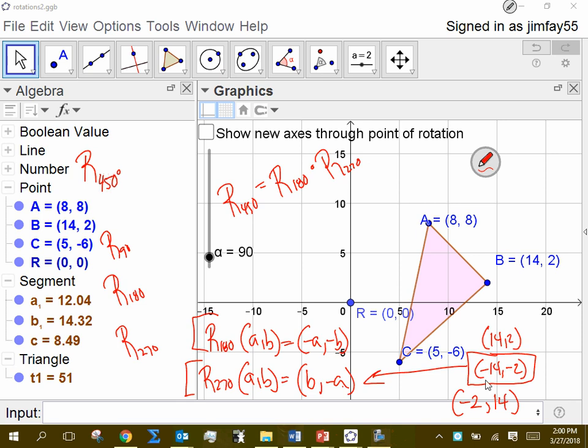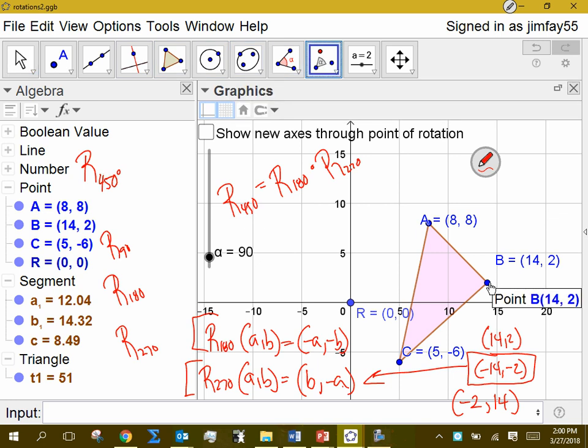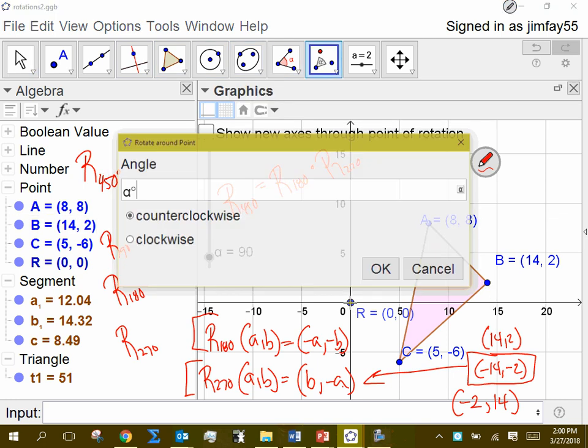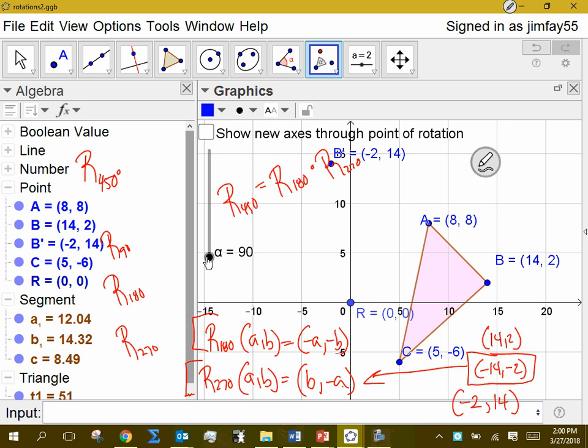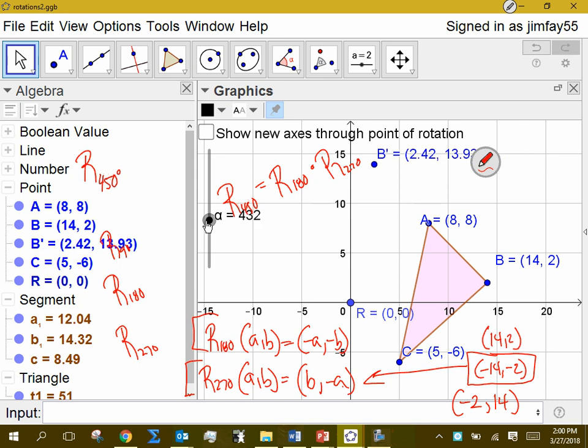So let's look at B. Let's say that I want to take point B and rotate it around R that many degrees. Now, I said 450, right? So 450 gets me, where'd it go?